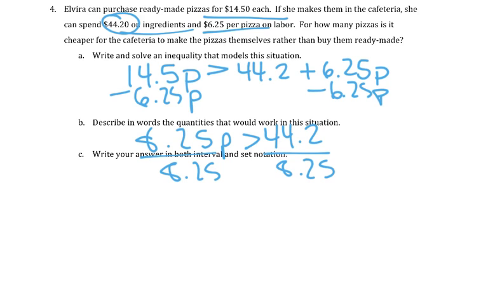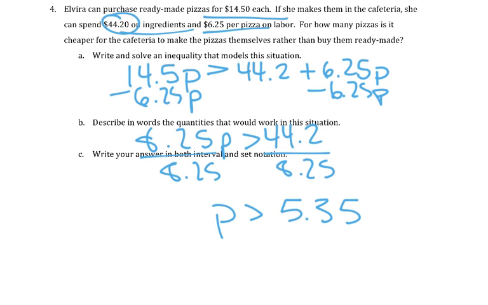And we end up with 44.2 divided by 8.25, which is, P would be greater than 5.35. So when you make essentially more than 5 pizzas, that's when it's cheaper to do it in the cafeteria.